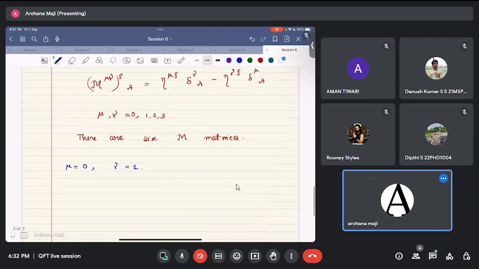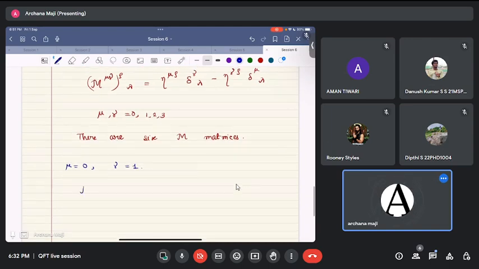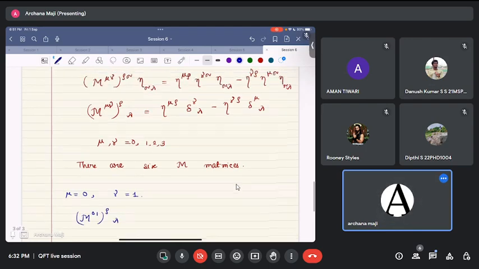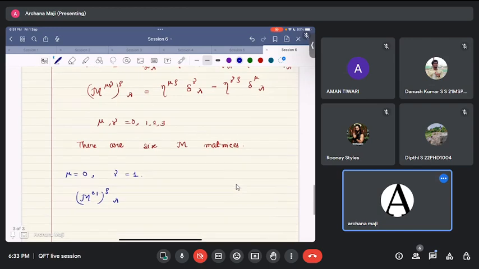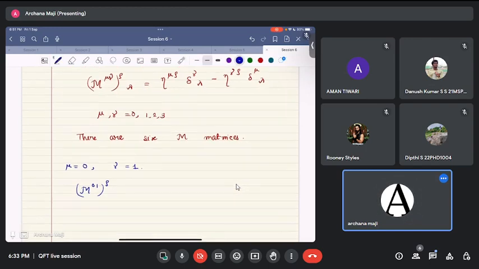So M^{01}_{rho sigma} is eta^{0 rho} delta^{1}_{sigma} minus eta^{1 rho} delta^{0}_{sigma}.